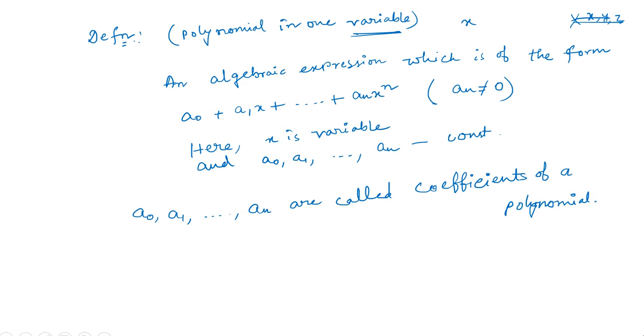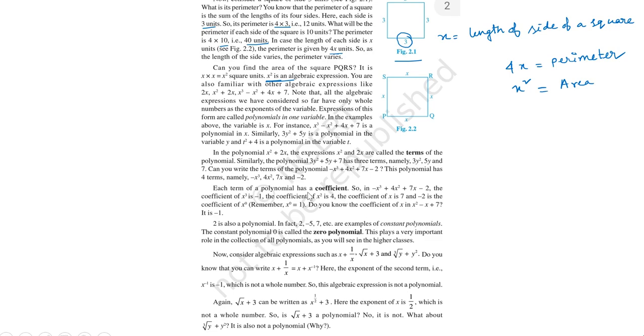Let us see here that each term of a polynomial, in this book taken as an example, has a coefficient. The coefficient of x cube is -1, the coefficient of x square is +4, the coefficient of x is 7, and -2 is the coefficient of x to the power 0, that is the constant term with no variable.